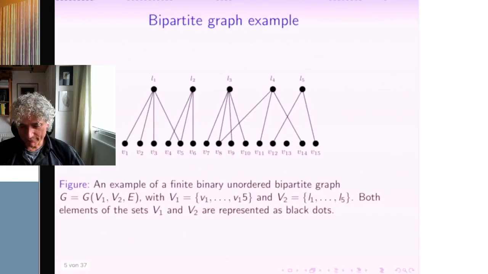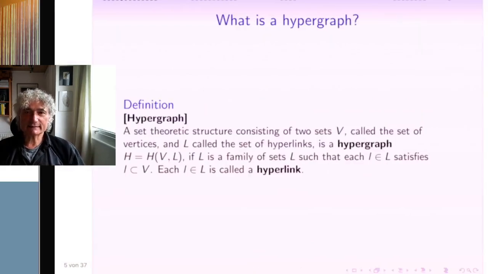Let's go further. Now we discuss what is a hypergraph. A hypergraph is a set theoretic structure consisting of two sets, V called the set of vertices and L called the set of hyperlinks.